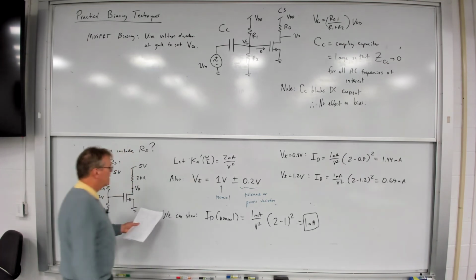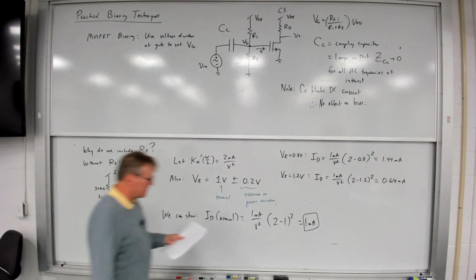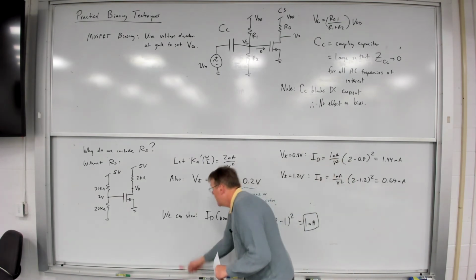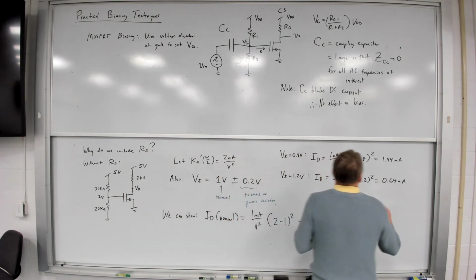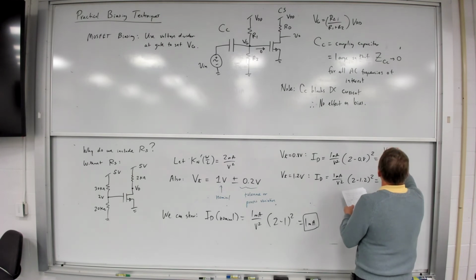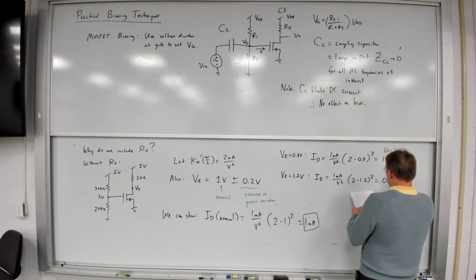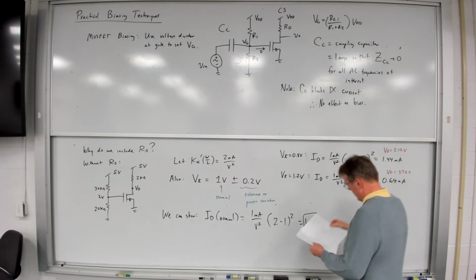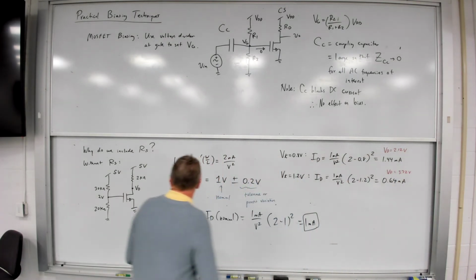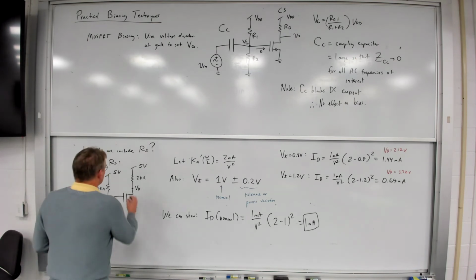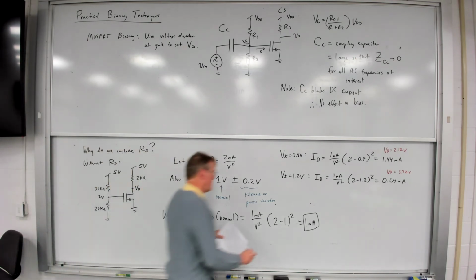And just to add some numbers for VD, I could also show that VD would be equal to 2.12 volts in one case, and 3.72 volts for this transistor in the other, and originally it would be 3 volts for my nominal value.